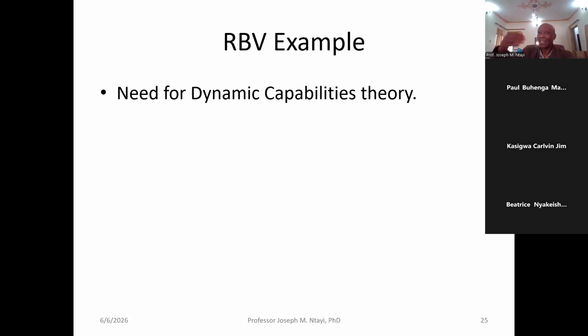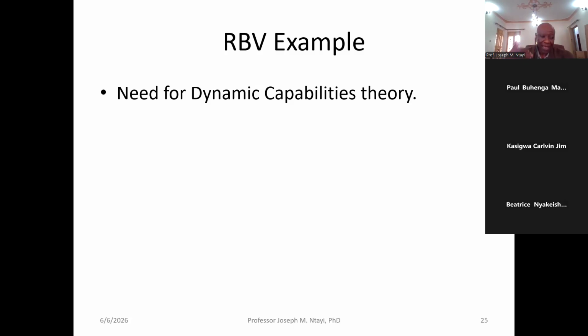It means you'll be able to say that although the resource-based view explains how valuable, rare, inimitable, and non-substitutable resources contribute to competitive advantage, it provides limited explanations of how firms renew and reconfigure such resources under conditions of environmental turbulence.